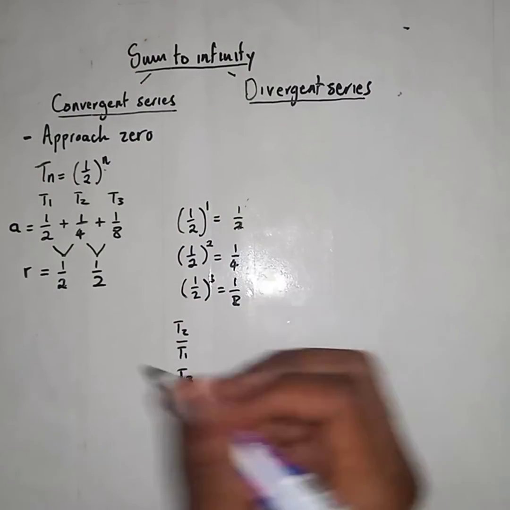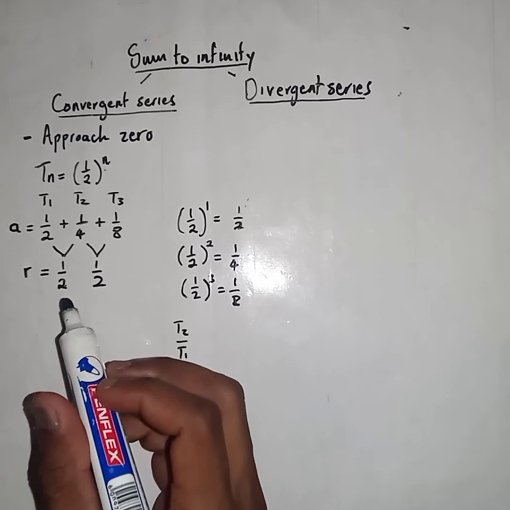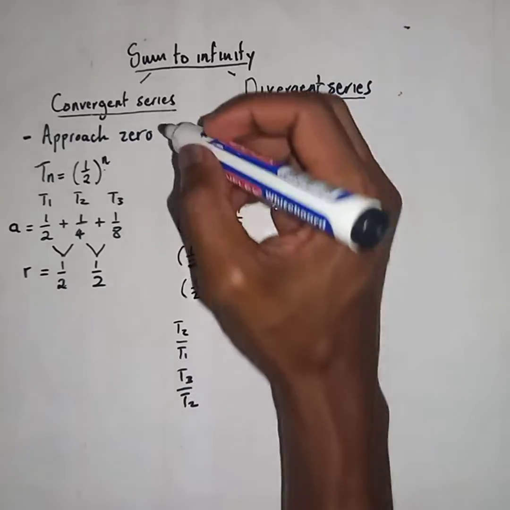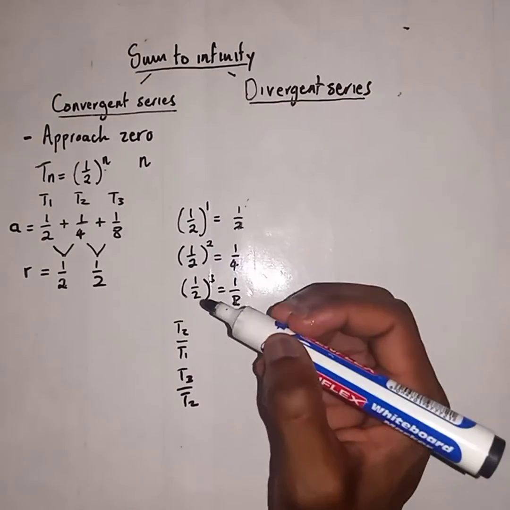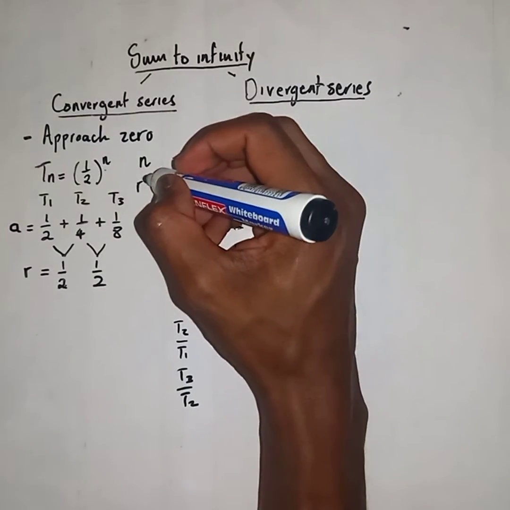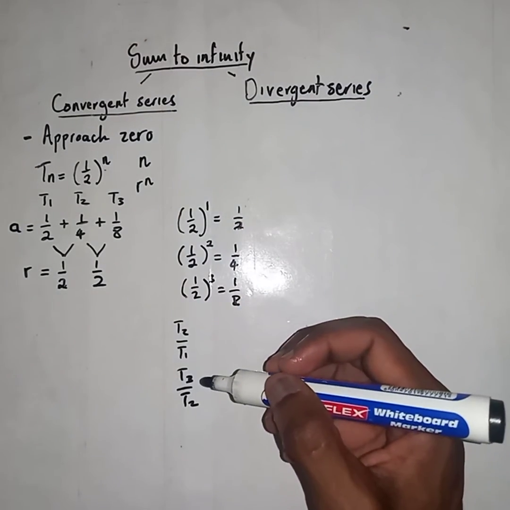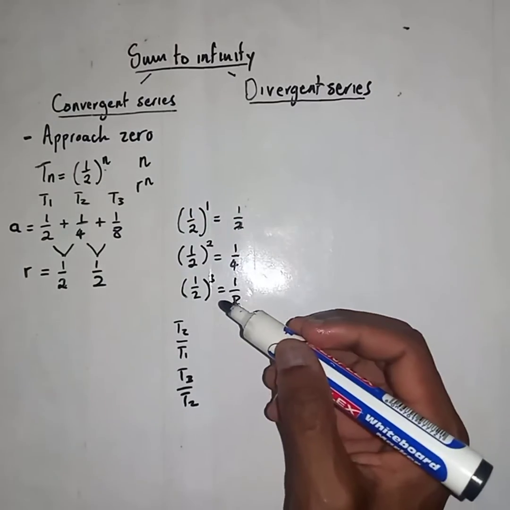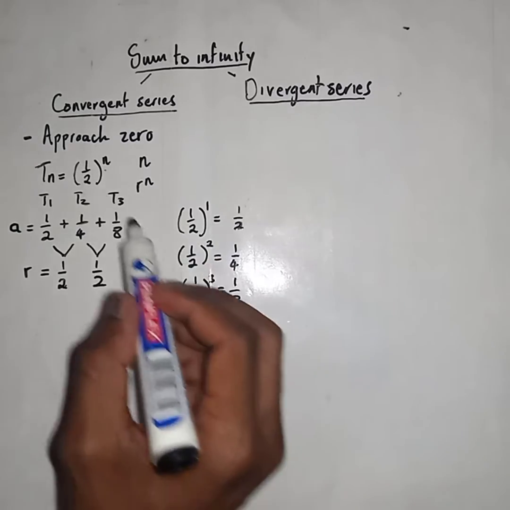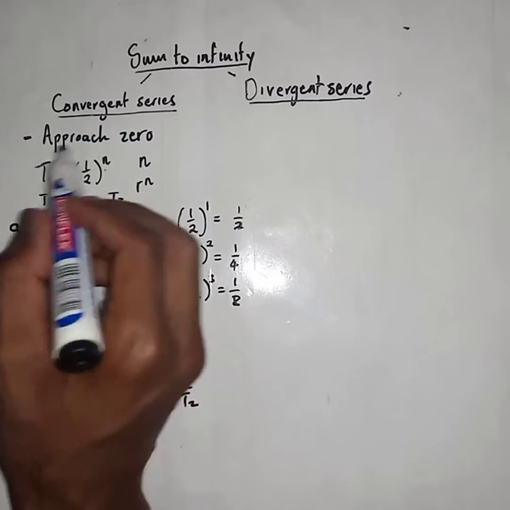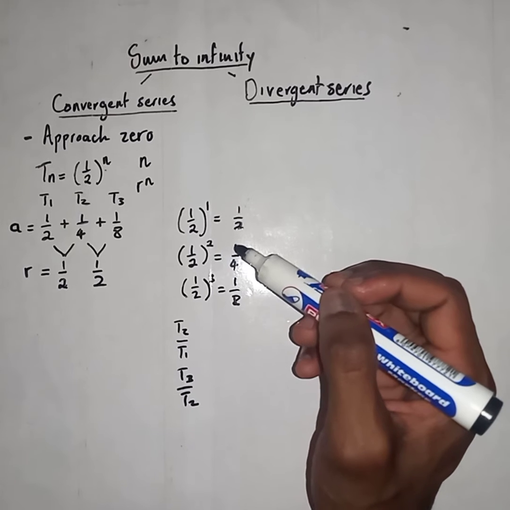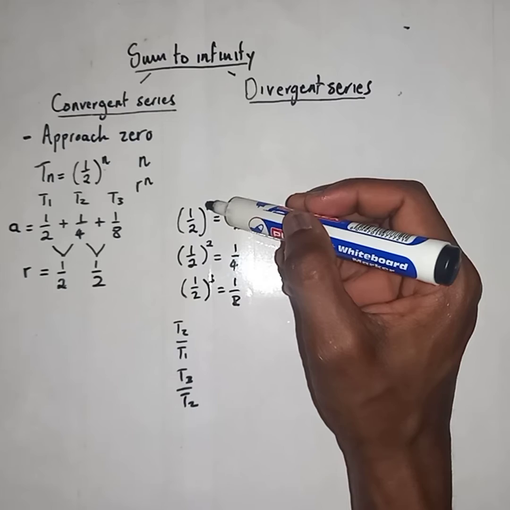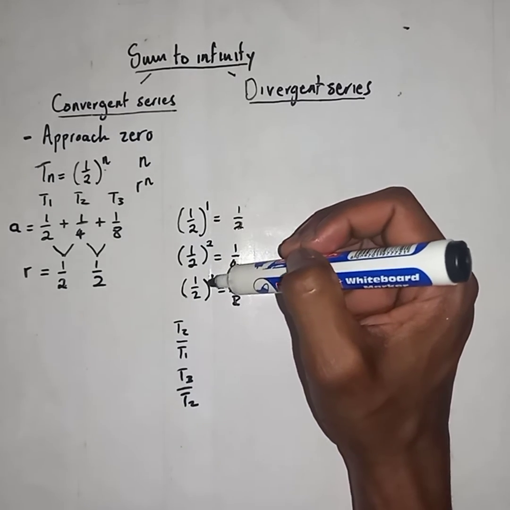Then from this, I just want us to figure out the relationship between n and Rn. I just want us to determine the relationship between the two. For this given general formula, we substituted the value of n from term 1, term 2, term 3.